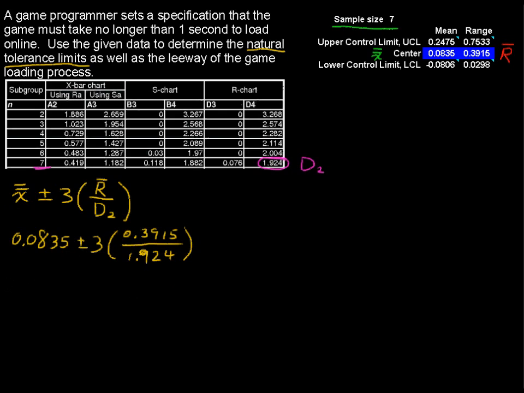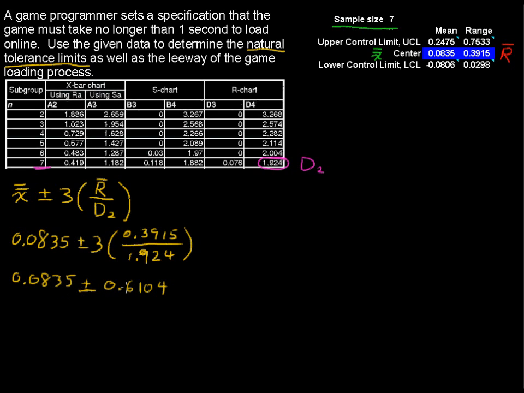I'll write out the plus or minus first of all. 0.0835 plus or minus, and then all of this business is equal to 0.6104, rounding.